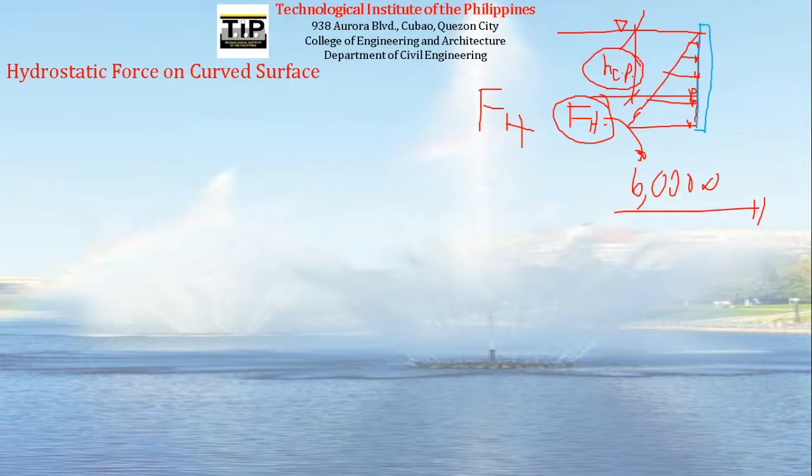It's the location from the surface, from this point to F sub h. That's the case for flat surfaces. But what about curved surfaces? That is what we will discuss now. Let's get right into it.